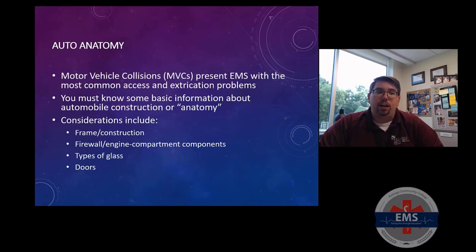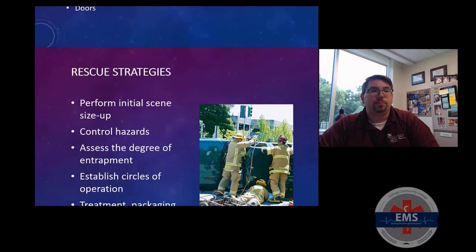We also know that firewall or engine compartments or components can be an issue when it comes to rescuing, the types of glass, safety glass versus a laminated glass, and then doors, if they're having special types of locks and components that we may need to remove or impede in some fashion in order to gain access to our patient.